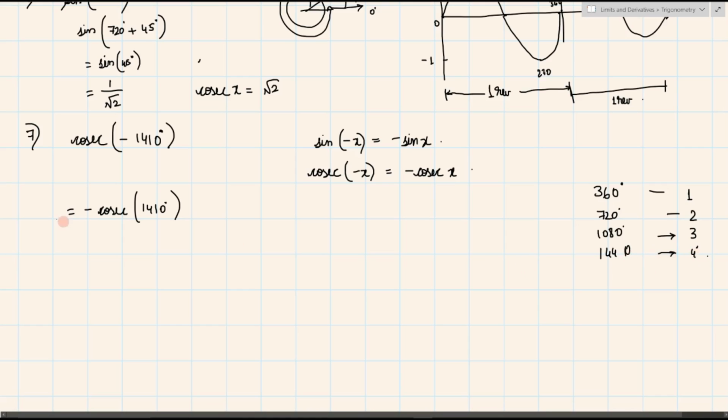So we can write this as minus cosecant of 1440 minus 30 degrees.